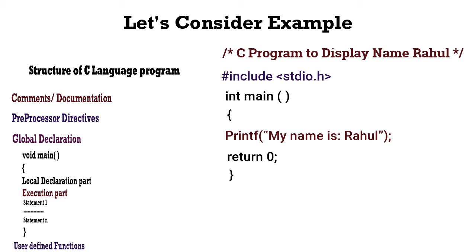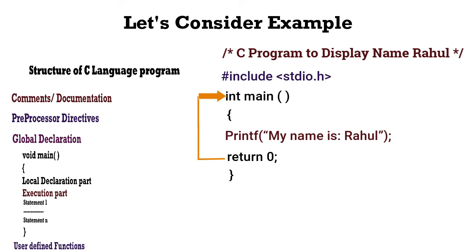Here the return 0 statement is the exit status of the program, or in simple terms, it indicates the program ends. Here I have used the int main function, which indicates my function must return an integer value. Note, the functions used in the program return some value.